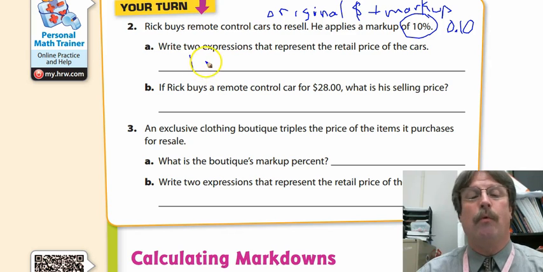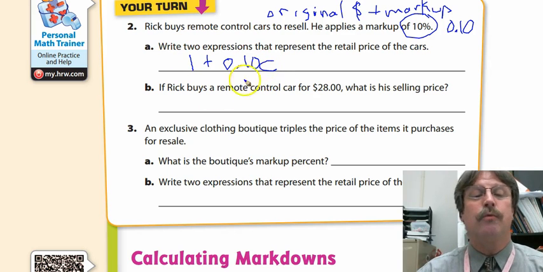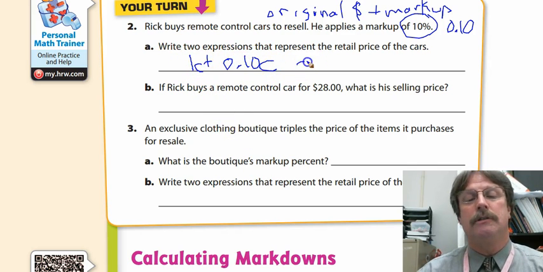So that's 1 plus 0.10, and I'm going to use C for the car. So that's one expression: 1C plus 0.10C. That is also equal to 1.10C. So this is the second expression.